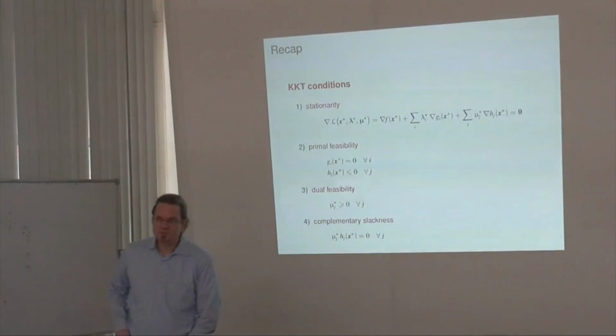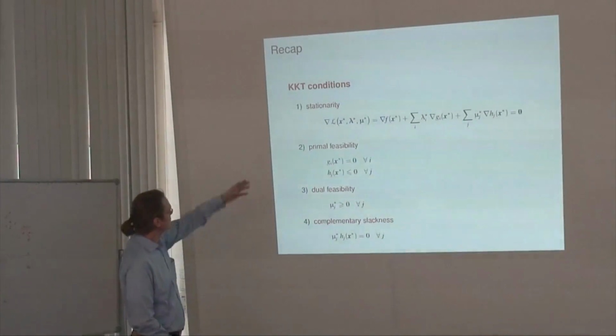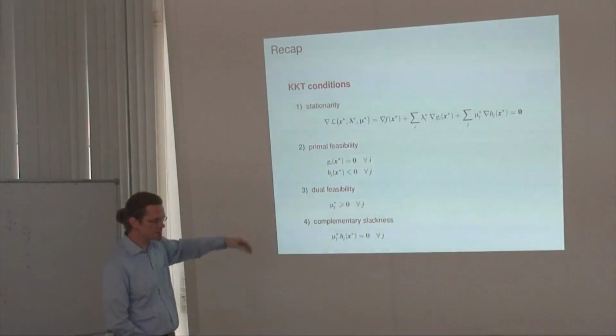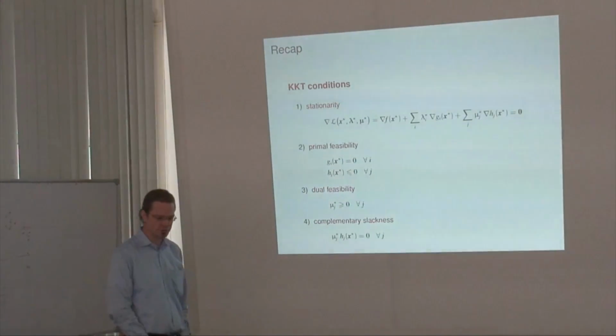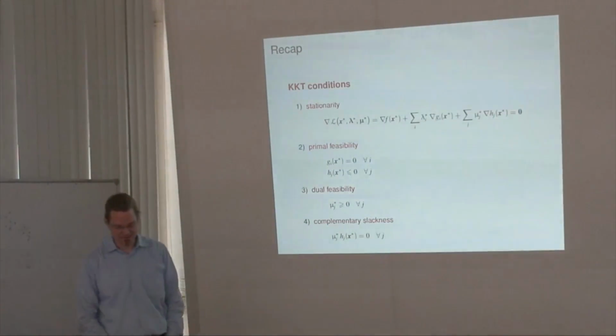And we then looked into the Karush-Kuhn-Tucker conditions, and there are 4 of them. The first is called stationarity. The second one is called primal feasibility. Then we have the so-called dual feasibility and what is called complementary slackness.